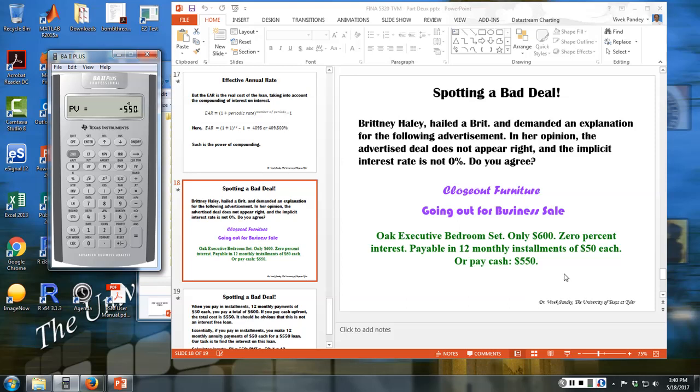Okay, so that's one way to get the sign straight. But remember, whatever you're doing, it's the opposite for the seller. The seller is out $550 when he lets you take the bedroom set home. So from the seller's perspective, present value is minus $550, and then over the next 12 months, they get $50 each.